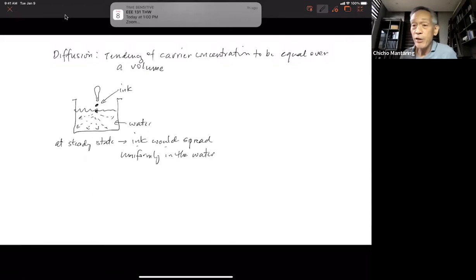Not like in drift that there's an electric field present. Here, there's no electric field present. So we're just assuming. Well, later on, we're going to talk about thermal equilibrium, but we're just assuming there's no excitation. Okay, so that's the idea of diffusion.